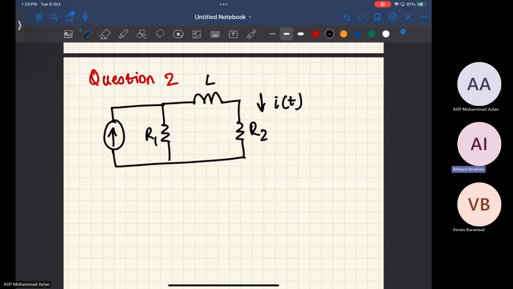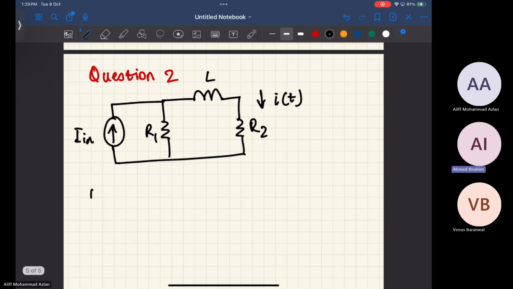And we are asked to calculate the transfer function H(j omega), which is I over I in.